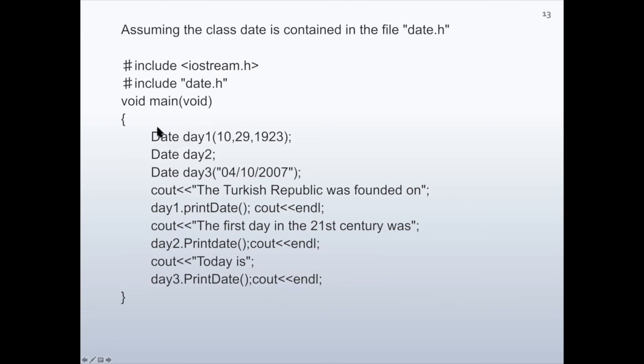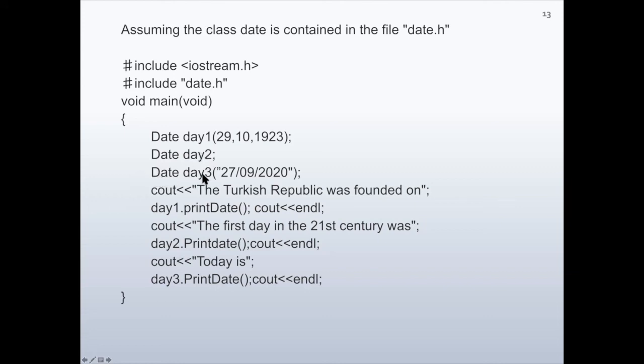In the main part, day1 is declared as a date object, and here we have 3 arguments which are integers, so the first constructor is called. The second one has no argument. Because of that, whatever is written in the file, whichever is the first constructor, will be called with the default values. In our case, the first constructor, having integer parameters.